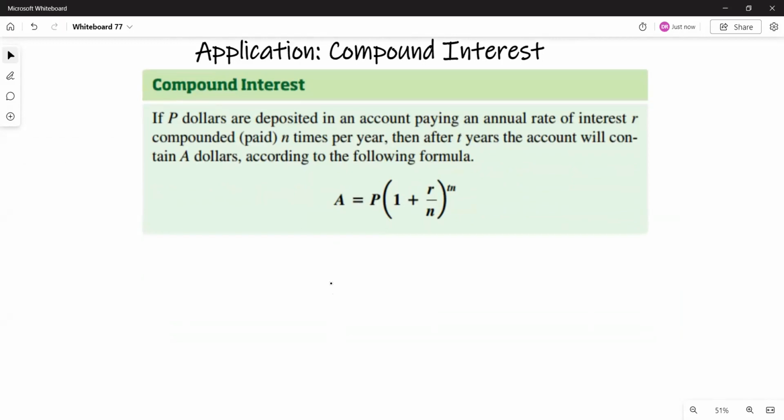Okay, so all these variables mean the following. P is the principal, or initial deposit or initial amount. A is the amount in the account after t years.